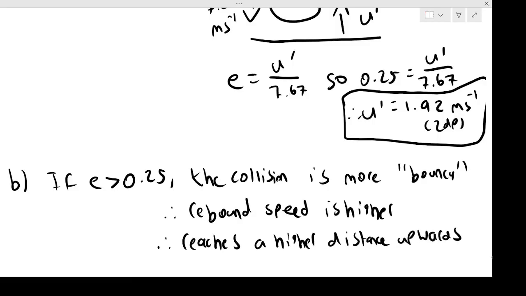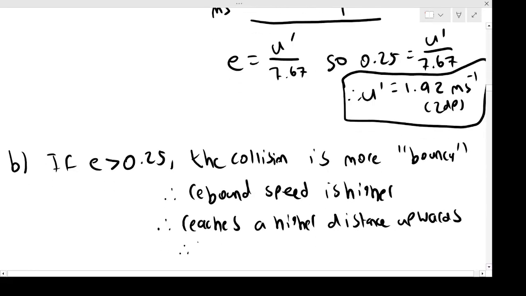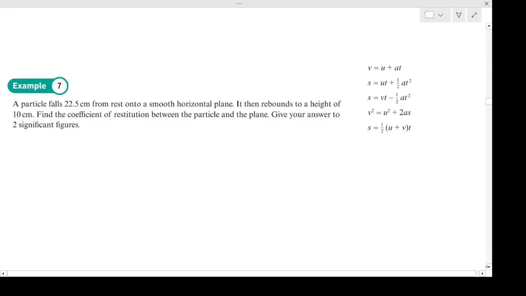And so therefore h increases, right? So the height it goes up increases. And there we are, so my answer would increase. Hopefully that made sense. So the idea is that if E increases, it's more bouncy, and so it will bounce up even higher. So the height increases.